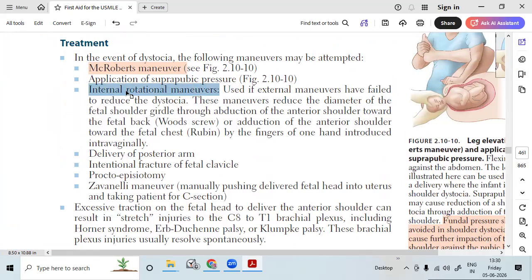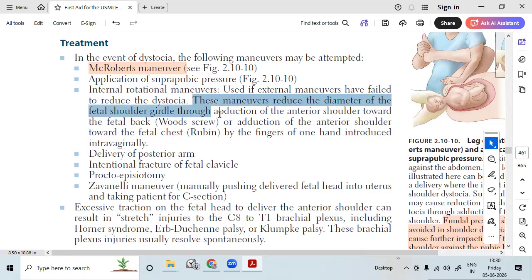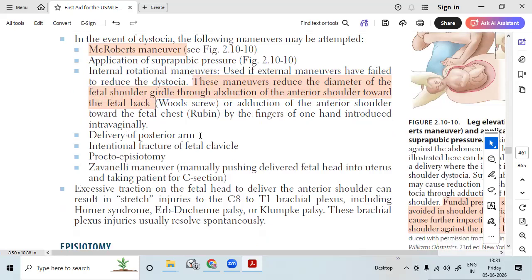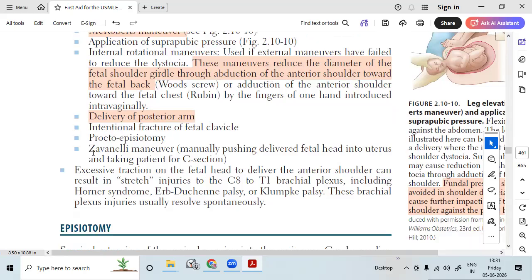These maneuvers reduce the diameter of the fetal shoulder girdle through adduction of the anterior shoulder towards the fetal chest, or abduction of the anterior shoulder towards the fetal back, by the fingers of one hand. Then there is delivery of the posterior arm, intentional fracture of the fetal clavicle, symphysiotomy, and the Zavanelli maneuver.